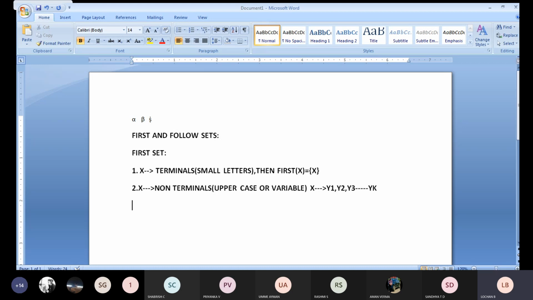Next we will be looking at the epsilon part, that is, if you get empty, that is X implies epsilon.